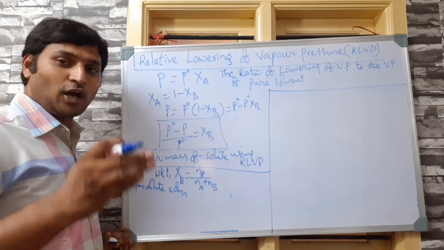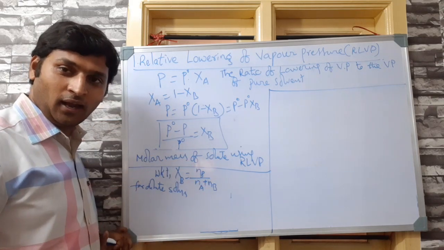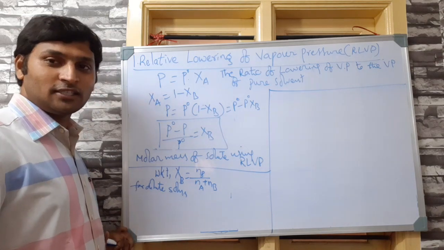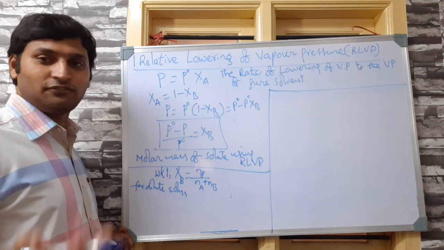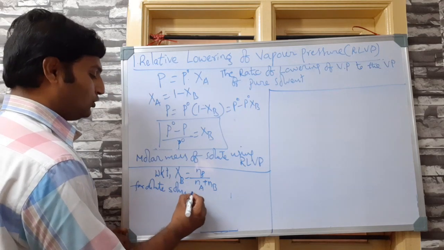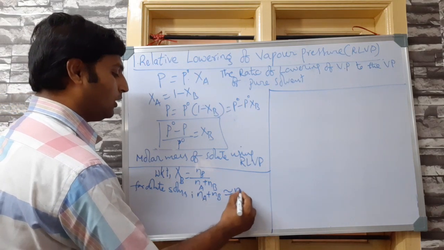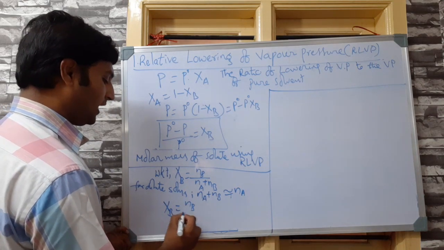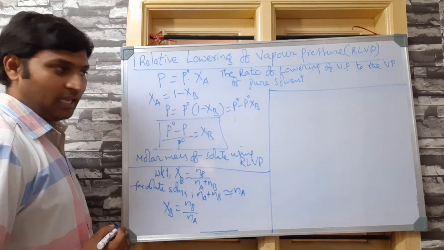Now, if the number of moles of solvent is 5 and that of solute is 0.01, then Na plus Nb is 5 plus 0.01, which is 5.001, as good as 5 for all theoretical requirements. So for dilute solutions I can take Na plus Nb as almost equal to Na, so I can write Xb is equal to Nb by Na.